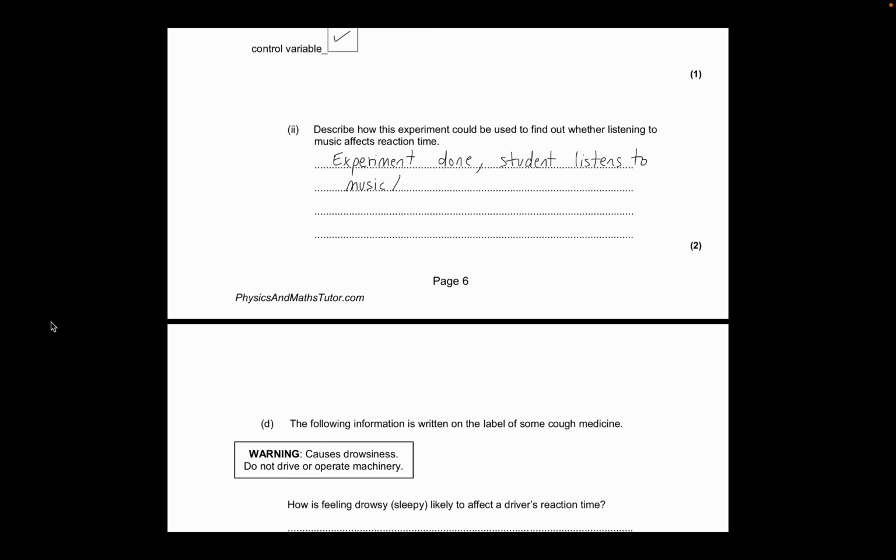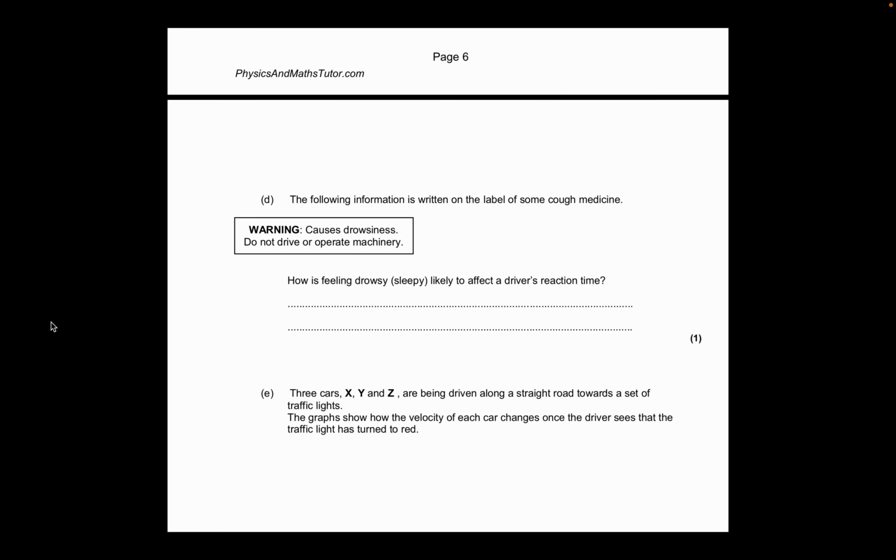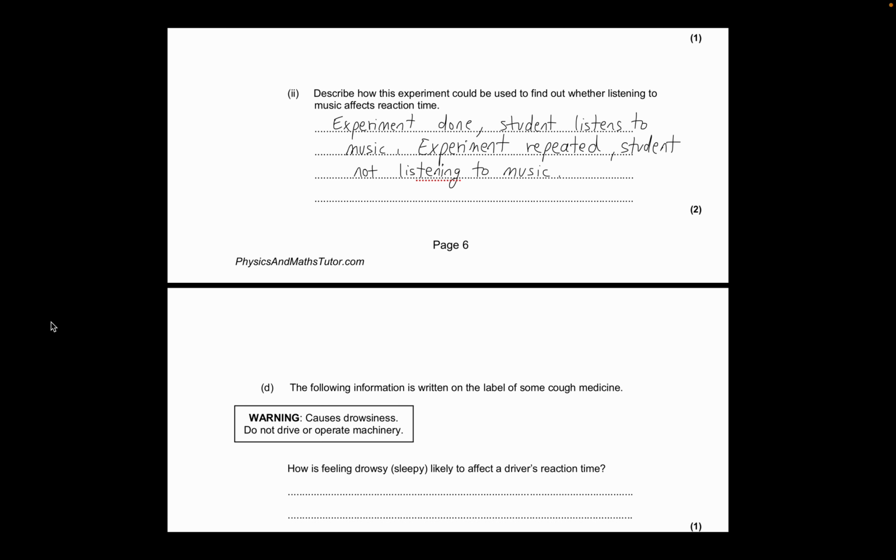You can mention that as well, but in this case you're not going to mention that. You can also mention that the experiment is repeated when the student is not listening to music. Okay, let's move on to the next question.